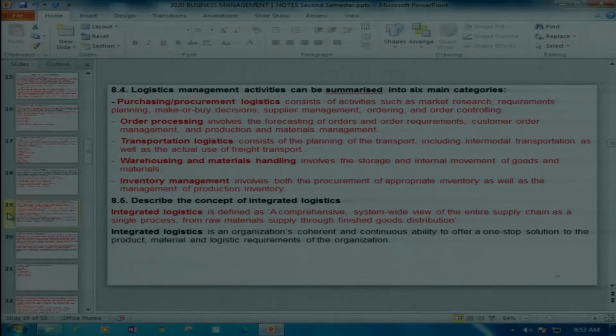Integrated logistics is an organization's coherent and continuous ability to offer a one-stop solution to the product, material, and logistics requirements of the organization.